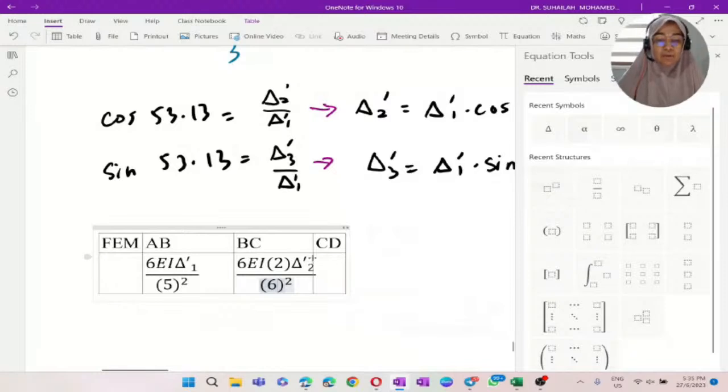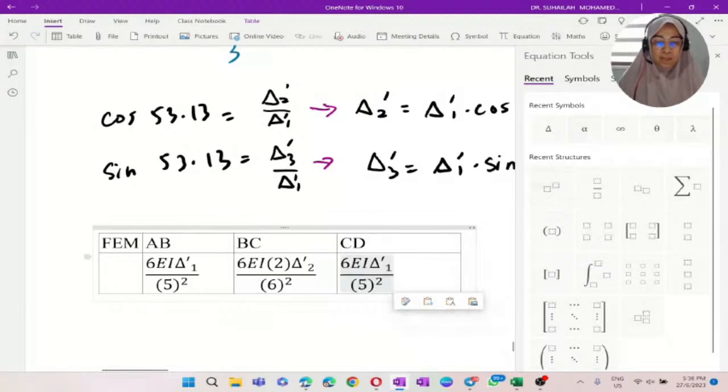Then for member CD, it is 6EI, and for CD we use delta 3. The length is 9.